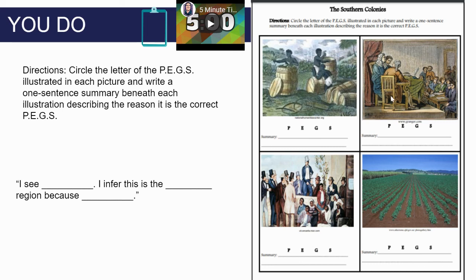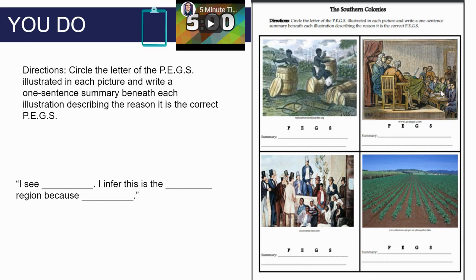So let me ask you first of all, what is it that you don't see? What is it that you don't see here? Do you see women? I know we see a lot of wigs, but those aren't women.